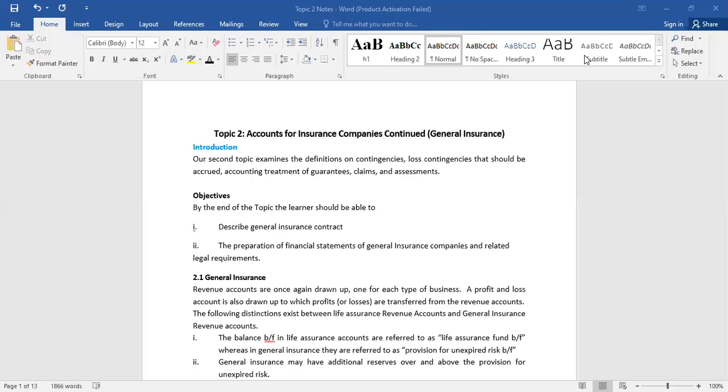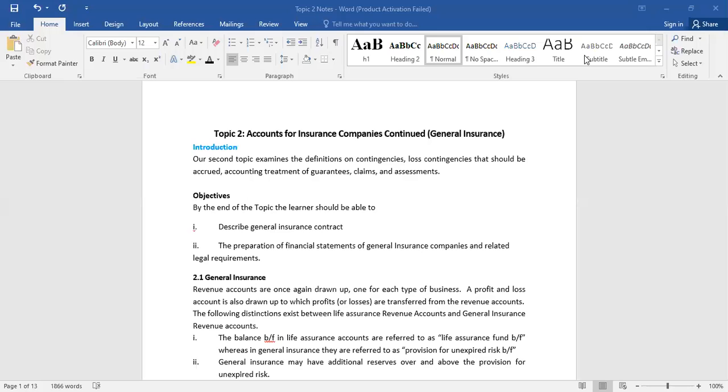Our topic today is general insurance, our second topic. I said broadly in the first topic that insurance is divided into two broad categories: life assurance, or insurance for life, and general insurance.